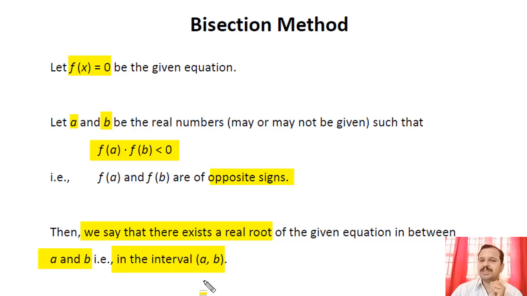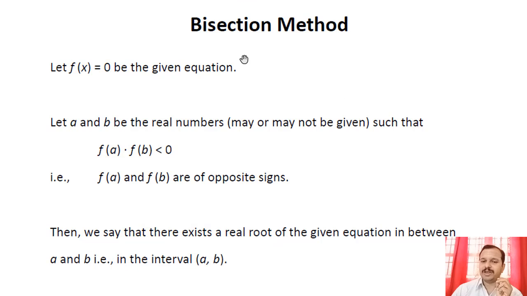If the interval is given, there is no need to do this. If the interval is not given, then we have to search for such two numbers by looking at this condition, and we have to say that the real root of the given equation exists in this interval a comma b, that is, in between the two values a and b. I hope you understand the first step.